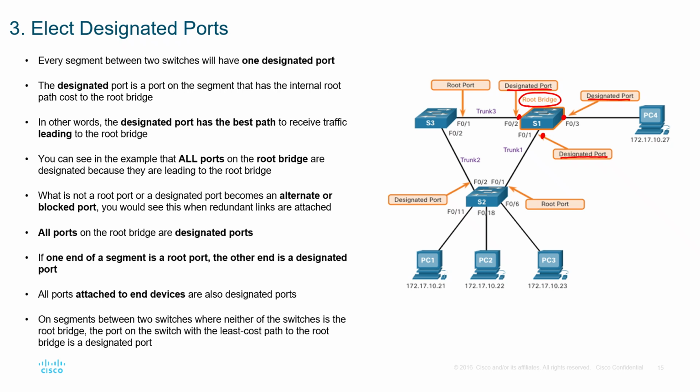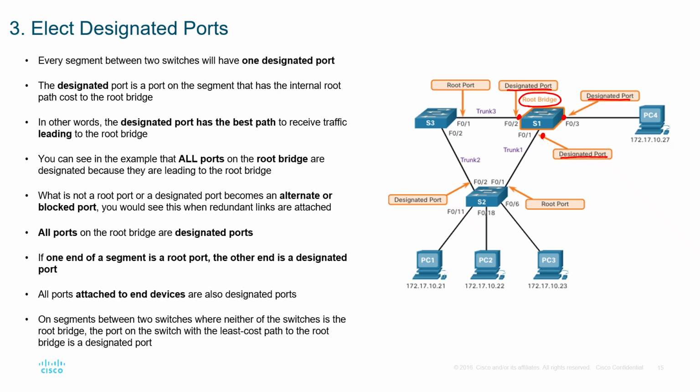Now, if I'm going from S2 to S1, then you can see the direct line from S2 to S1 is F01 on switch 1. So it is the designated port. Likewise on S3, the direct connection to get to S1 is F02 on S1. So that is your designated port.